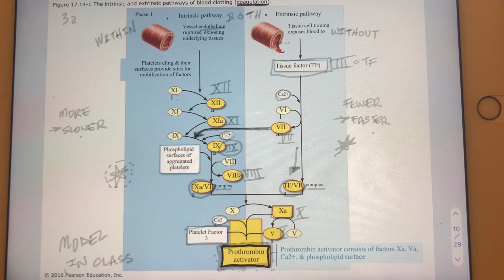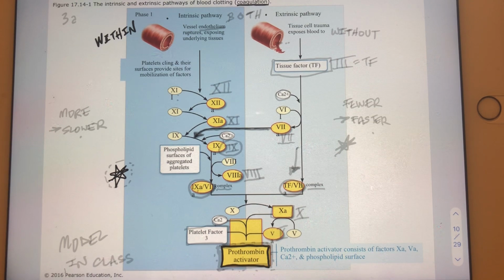So this is sort of like step 3A. So this darker blue side of the diagram is outlining the intrinsic pathway. And remember what initiates this is, there we go.